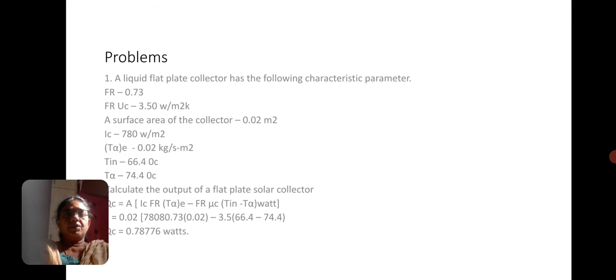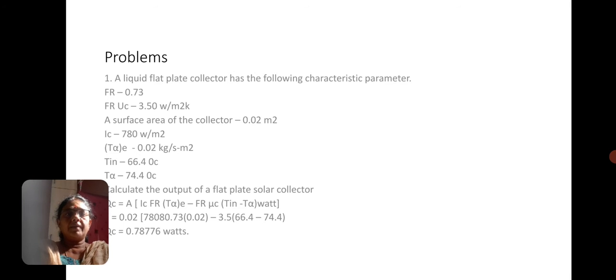So in this expression you substitute the above given parameters, that is 0.02 into 78,080.73 into 0.02 minus 3.5 into 66.4 minus 74.4.